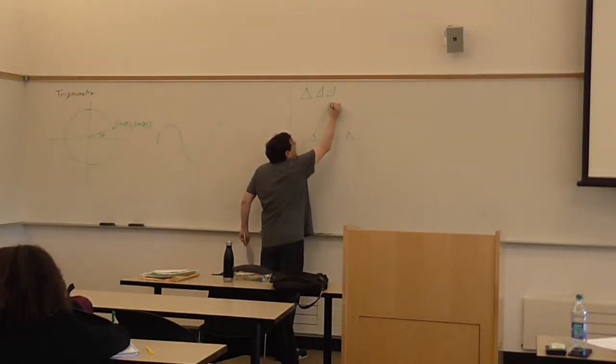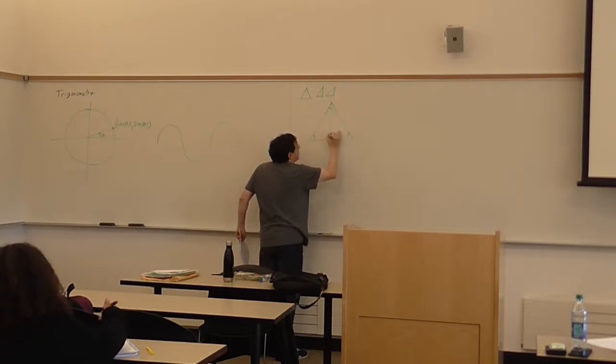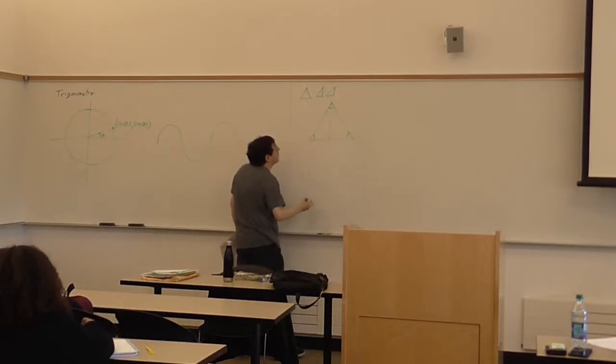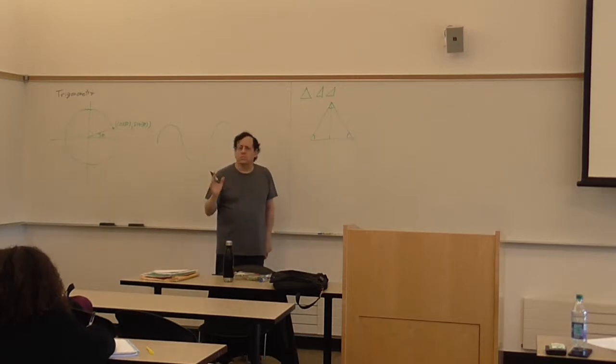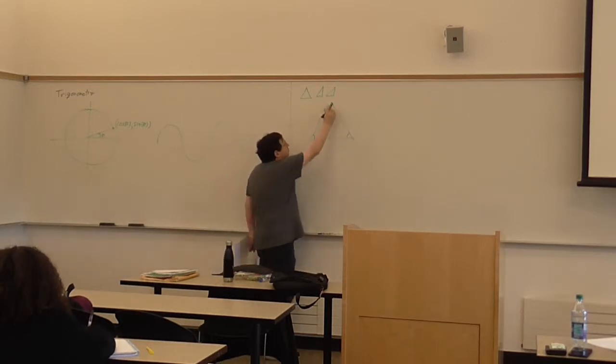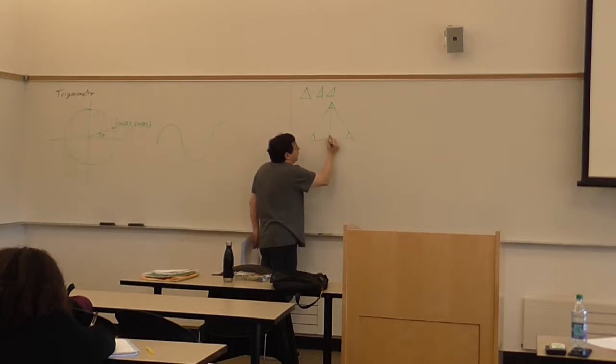And I drop an altitude. Altitude is a line from one vertex to the other side that meets at a right angle.